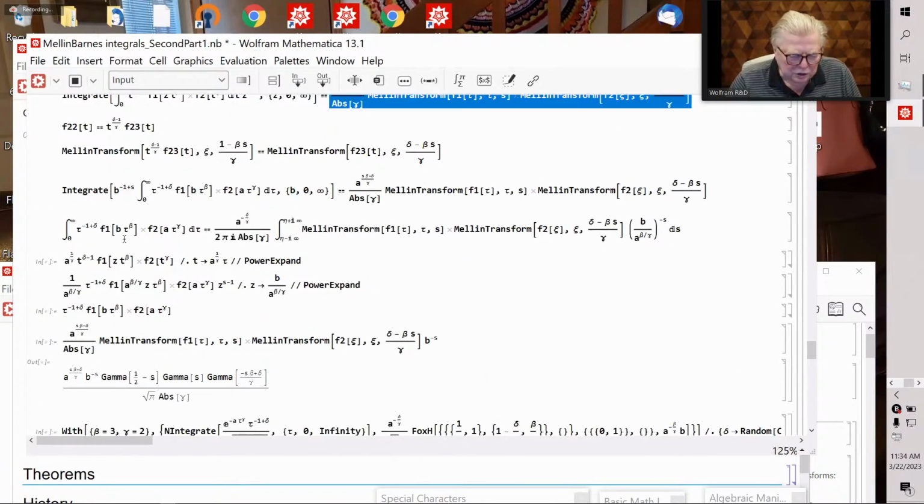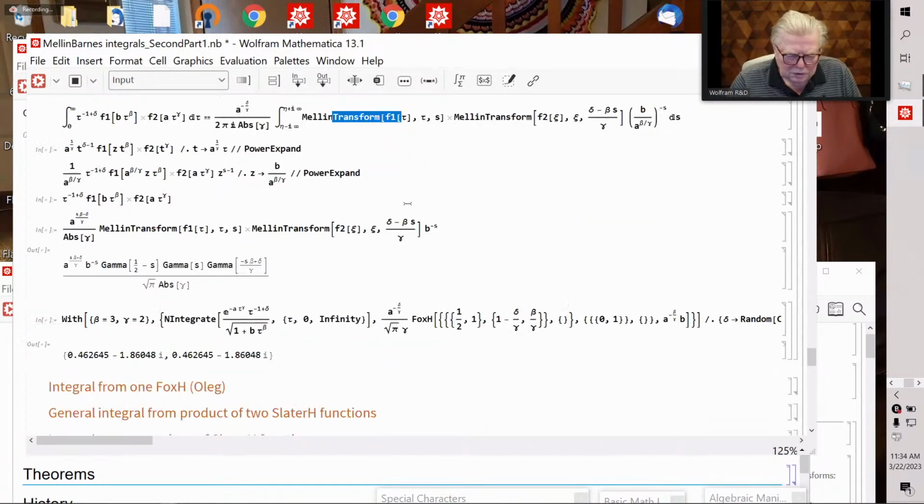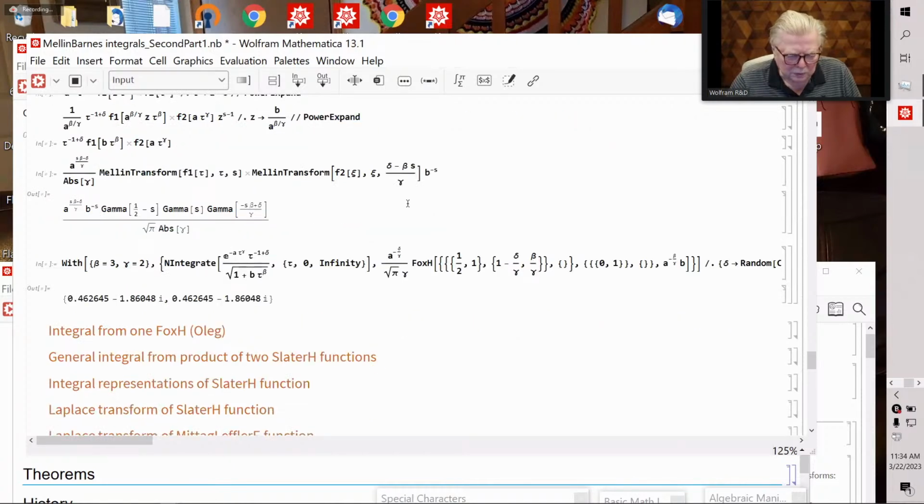After my lecture, we will make reductions of this notebook, and the formula will return back.